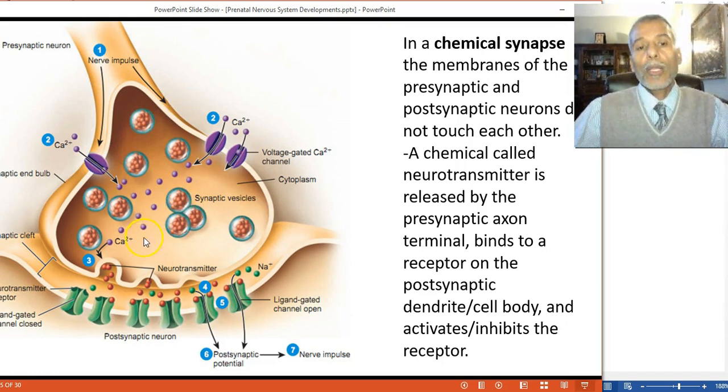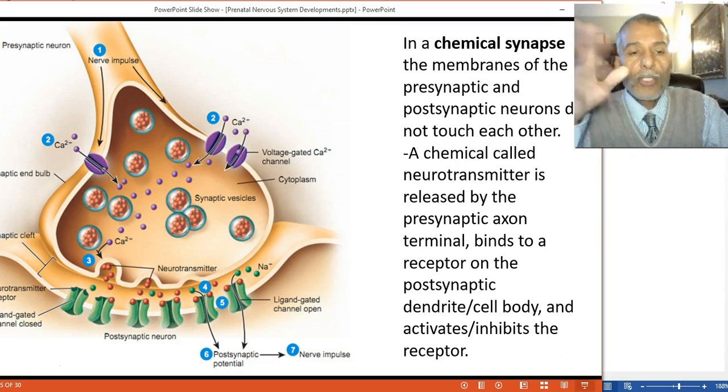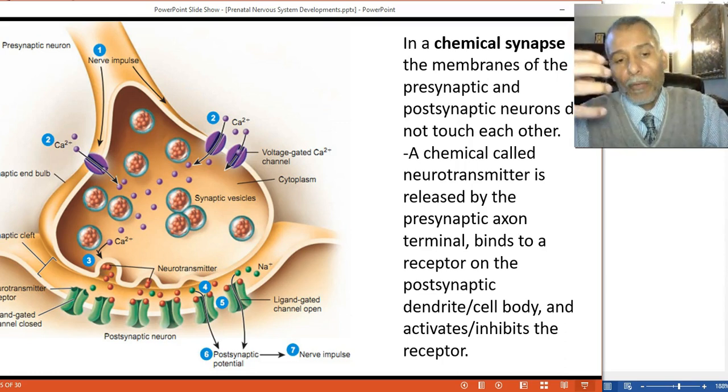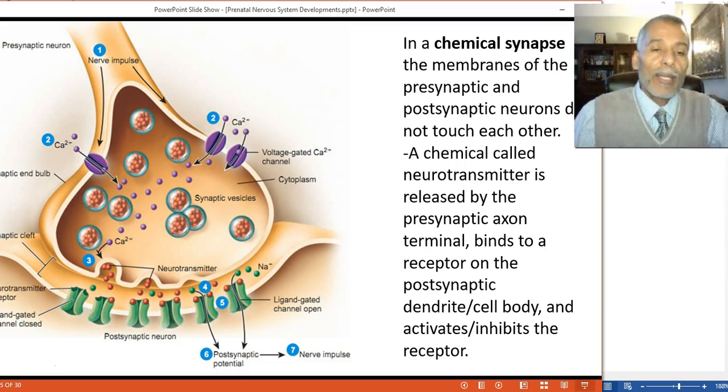Some of the neurotransmitters do not last much, and they could be disassembled and just discarded totally. And if there's more, they could be absorbed by some glial cells like the astrocytes, and they will be shipped to another neuron that may need them.